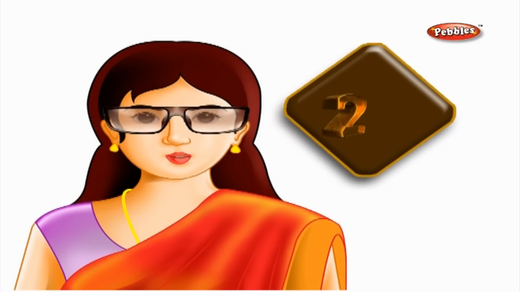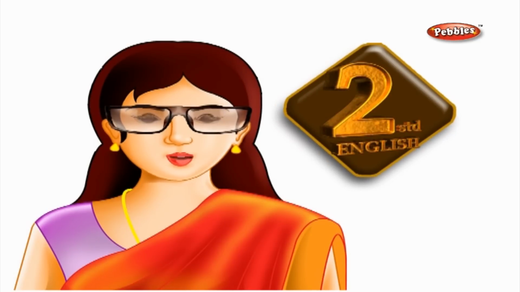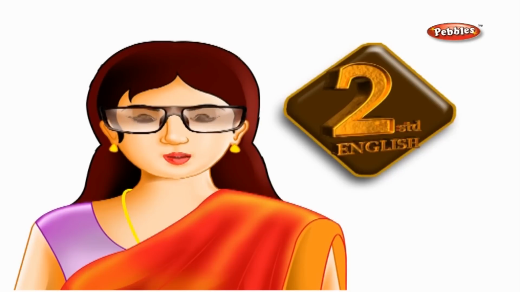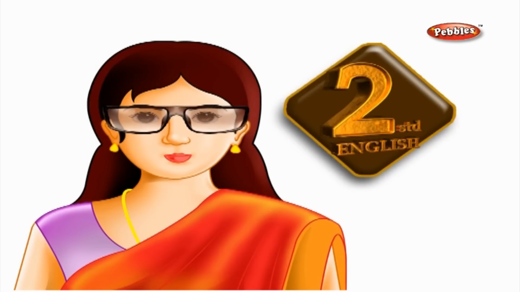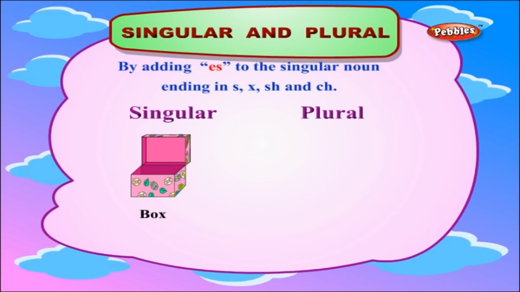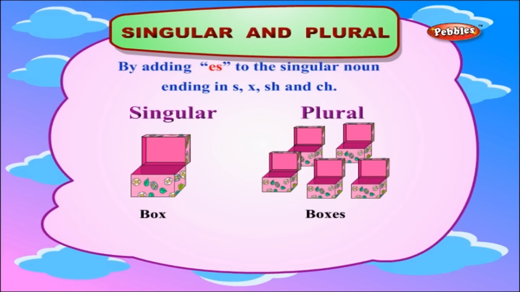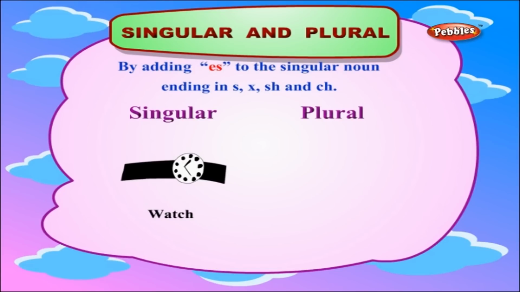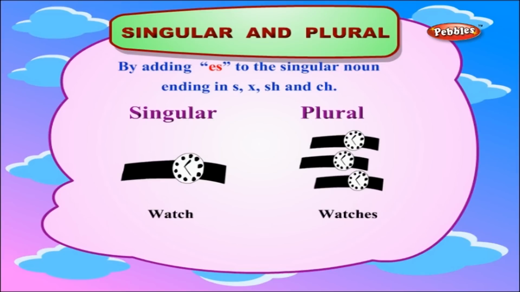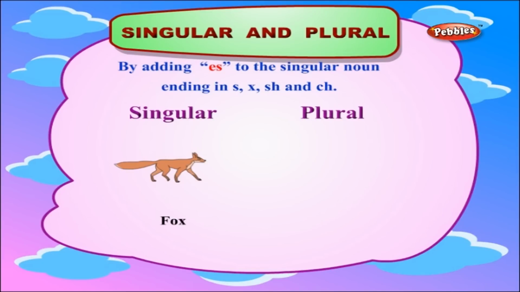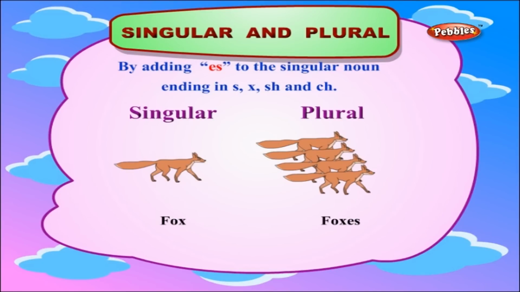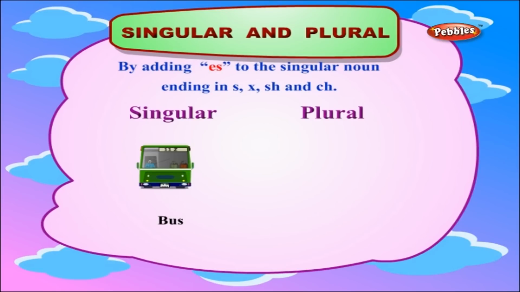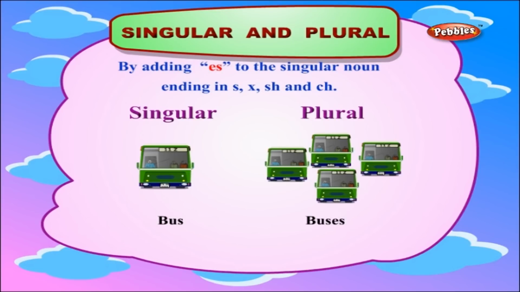By adding es to the singular noun ending in s, x, sh and ch, examples: box, boxes; watch, watches; fox, foxes; bus, buses; brush, brushes.